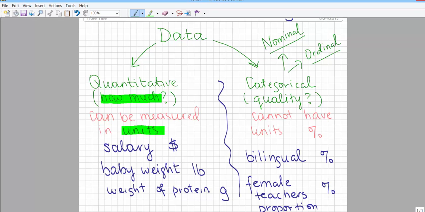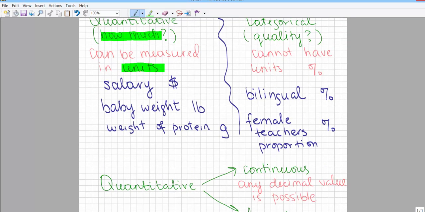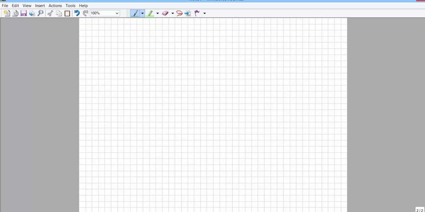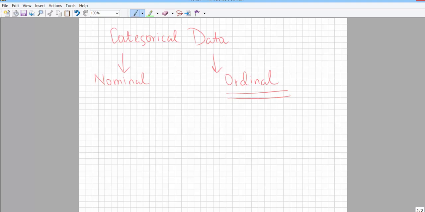So let me give you another example. Let me go to another page. So let's do categorical data. And what would be a good one for nominal and ordinal? Let's see. Ordinal, some sort of natural order.